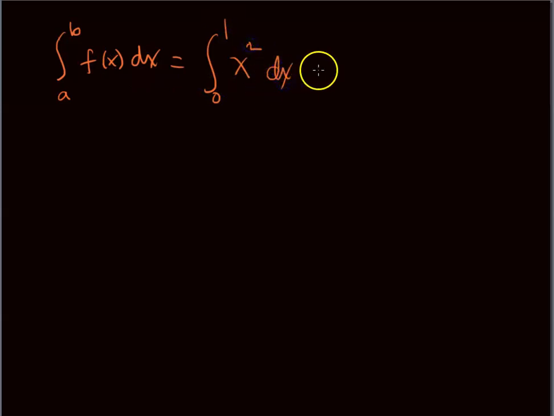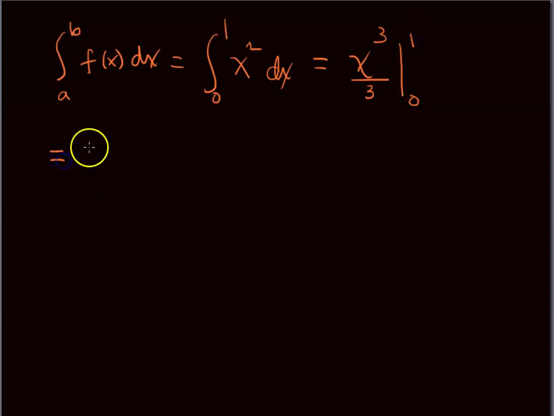We're going to use the integral from a to b of f of x dx, the definite integral. This goes from 0 to 1. F of x is x squared dx. Well, what's the antiderivative of x squared? We add 1 to the exponent and divide by that new exponent, and we're going to evaluate this from 0 to 1.